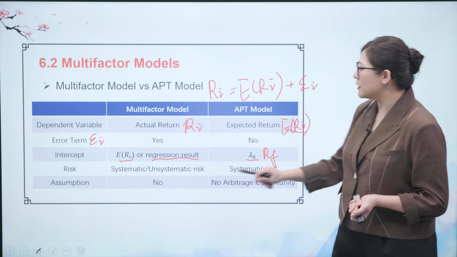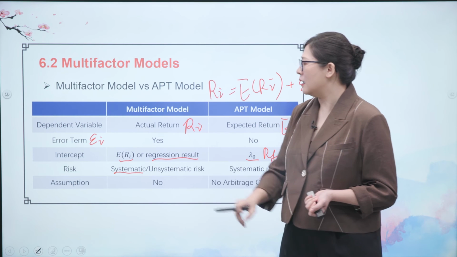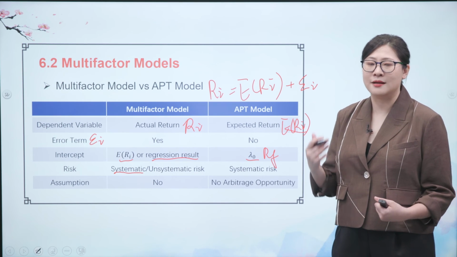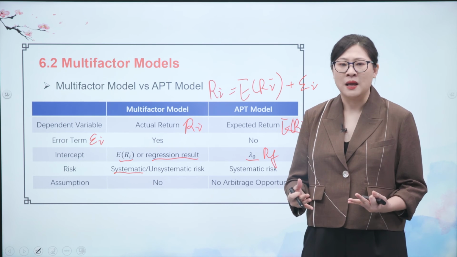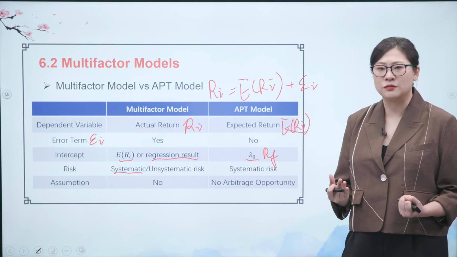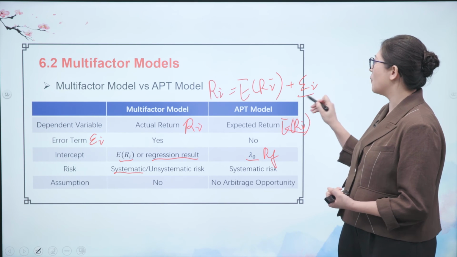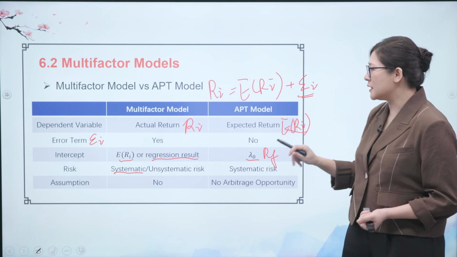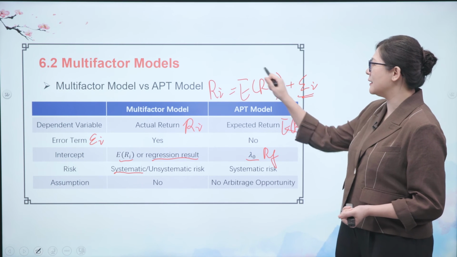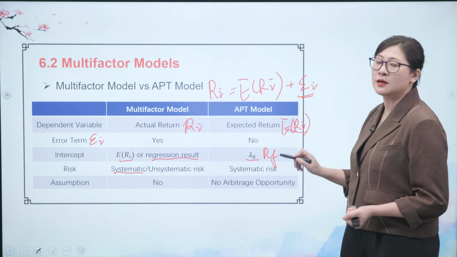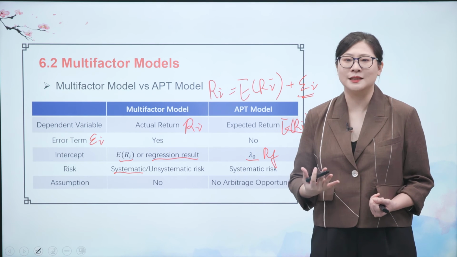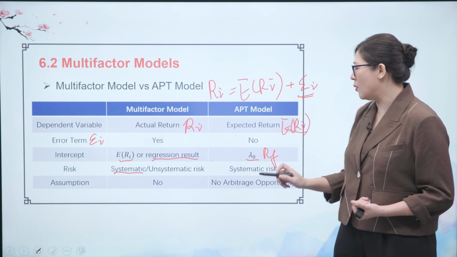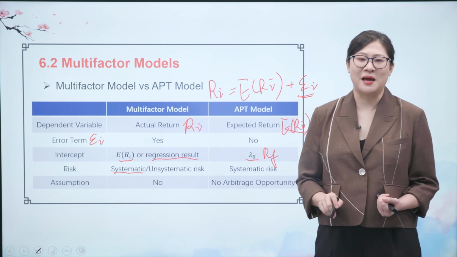For systematic risk, we consider market risk and other factor risks. For unsystematic risk, we consider the error term, the firm-specific risk. For the APT model, because we only consider the expected return, we assume that unsystematic risk can be well diversified away, so we only include systematic risk.